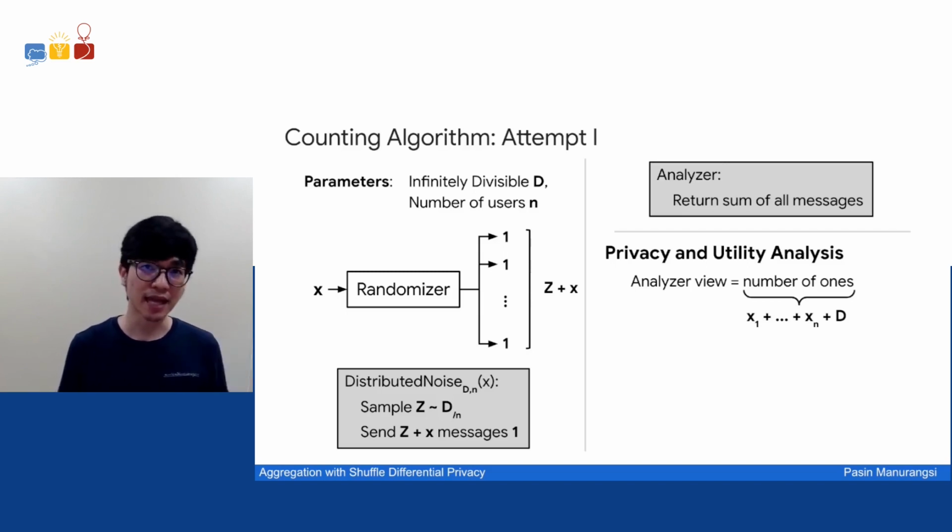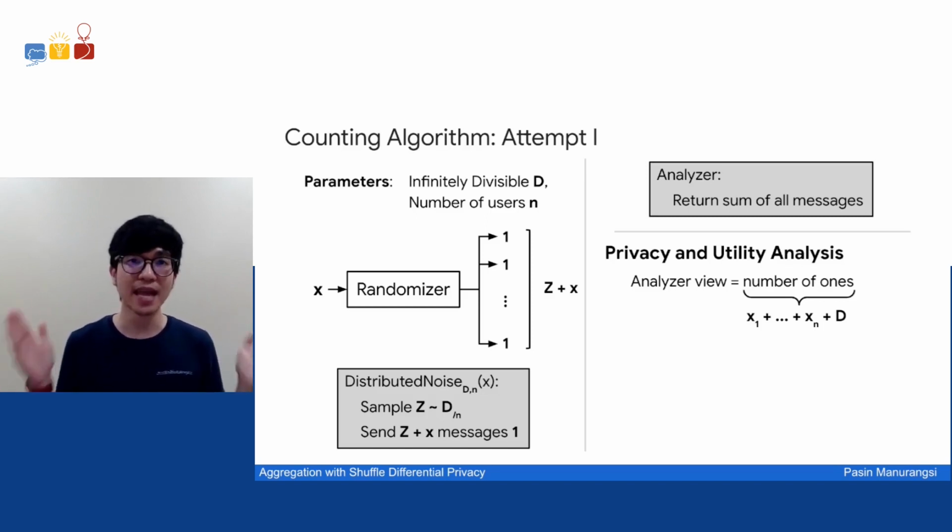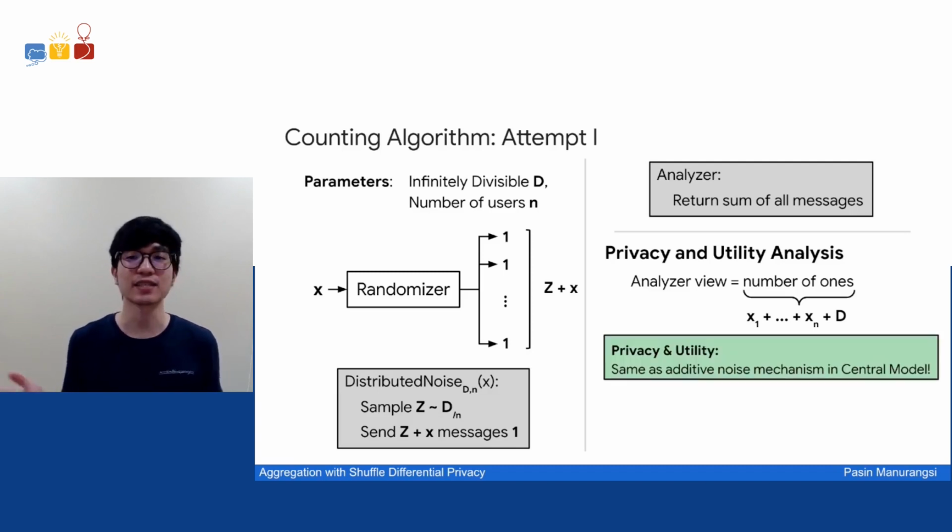It's just the sum of the inputs plus the sum of this distributed noise. But as we said earlier, we are taking the noise from the division of the central noise. So when you add up this IID noise, you just get back a single noise term that is distributed as D. Okay, so this is fantastic because this is exactly the same as the additive noise mechanism in the central model. You get the same utility and you also get exactly the same privacy.